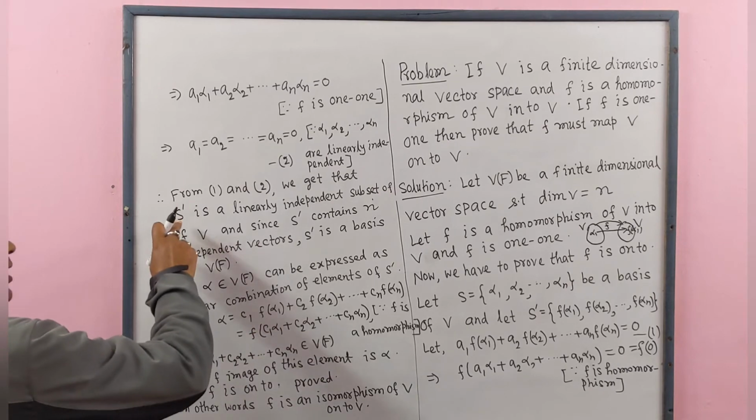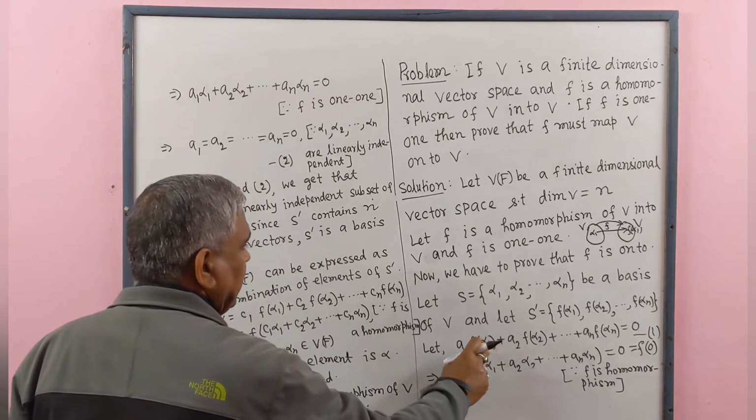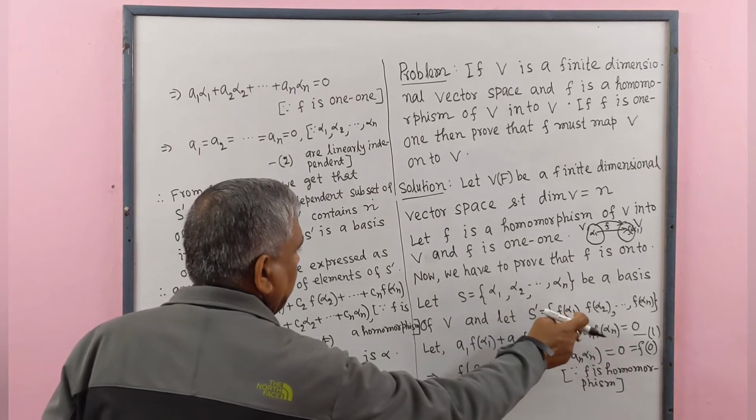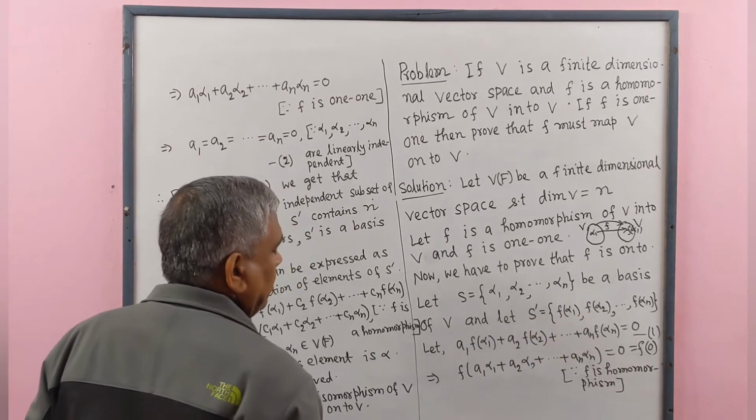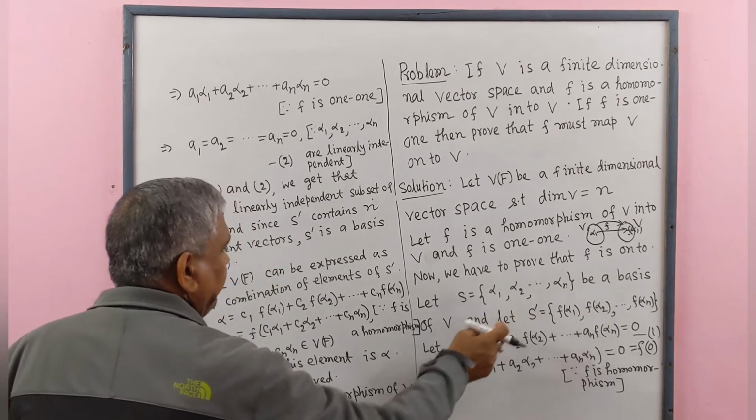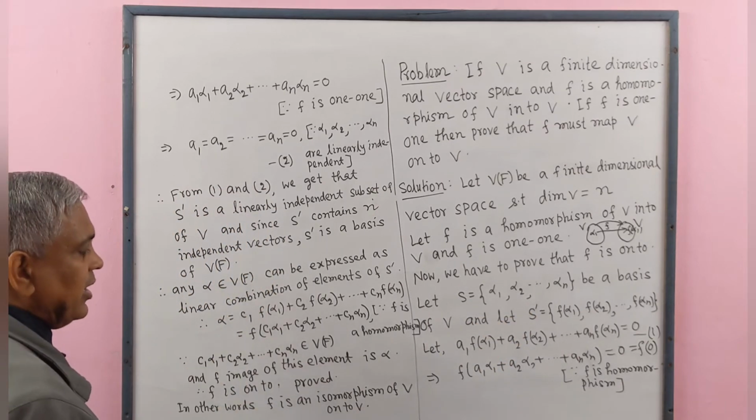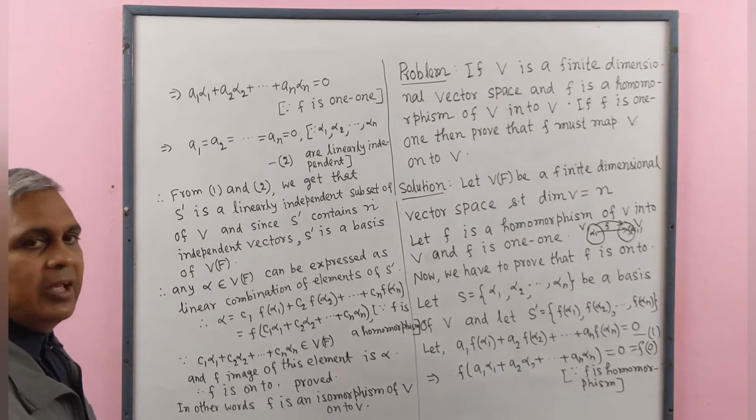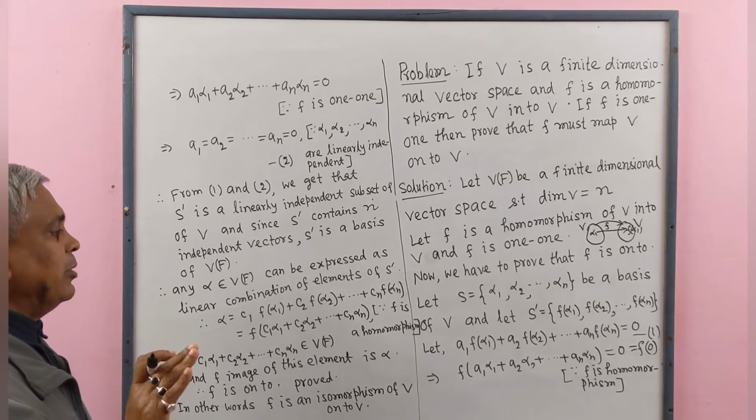Means they are elements of S prime here. Therefore S prime contains n number of linearly independent vectors.